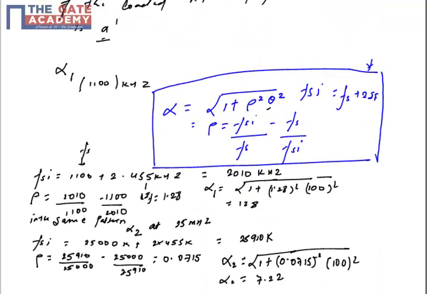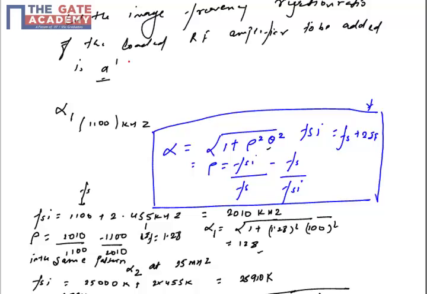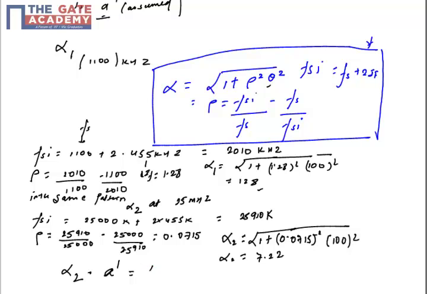So what you have to do is multiply: alpha at 25 megahertz, which is my alpha 2, into A dash, the image frequency rejection ratio of the loaded RF amplifier to be added, previously assumed, is equal to alpha 1.